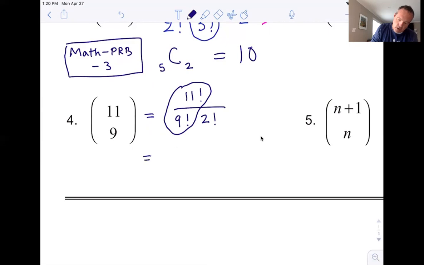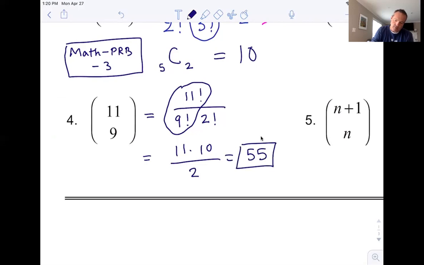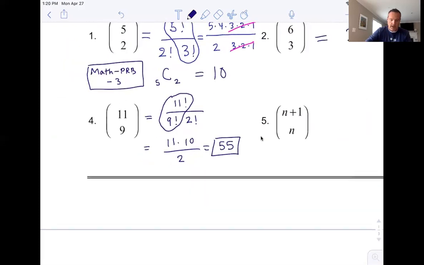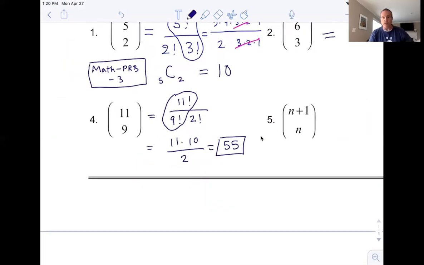If you divide them, all you're going to get is 11 times 10, because 9, 8, 7, 6, 5, that's all going to cancel. Then all you're left with is 2 factorial, which is 2. And here you get 55. As a practical problem, I keep going back to the friends example, but if you had 11 friends and you could only invite 9 to dinner, you'd have 55 different choices to make there.